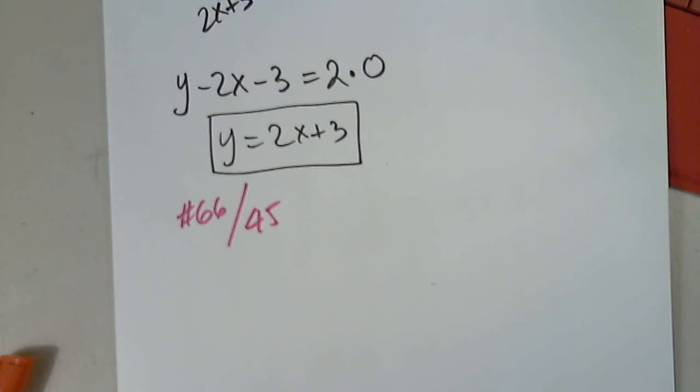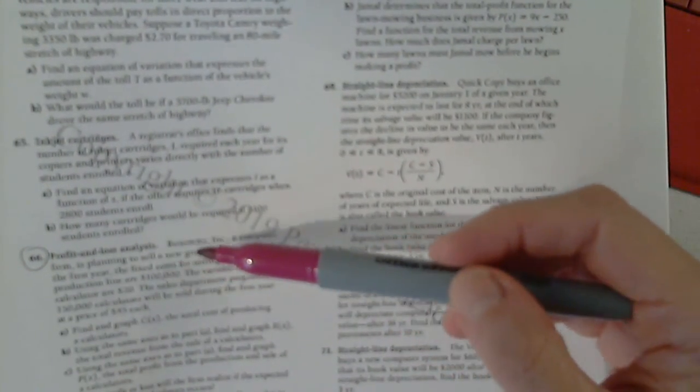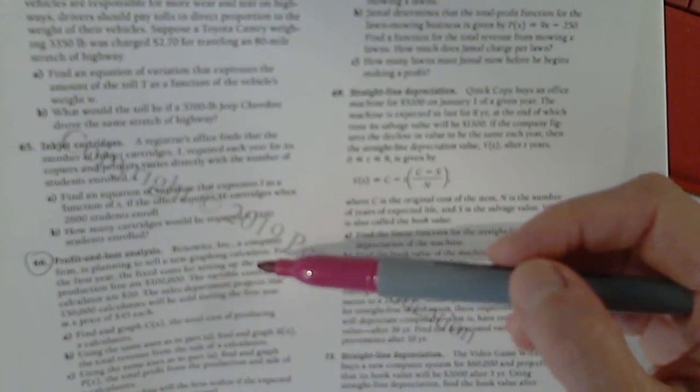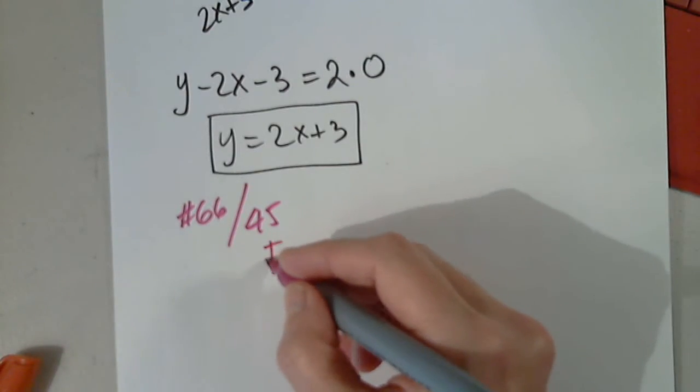And let's read the question. Profit and loss analysis. I think it's Boxowitz. Okay, fine, incorporated. A computer firm is planning to sell a new graphing calculator. For the first year, the fixed costs for setting up the new production line are $100,000. Take notes.